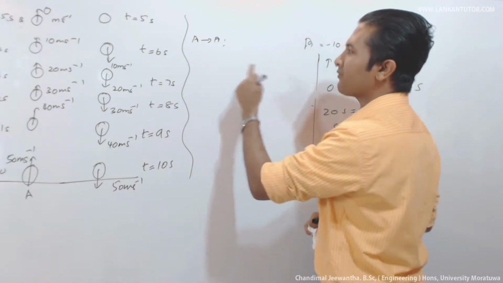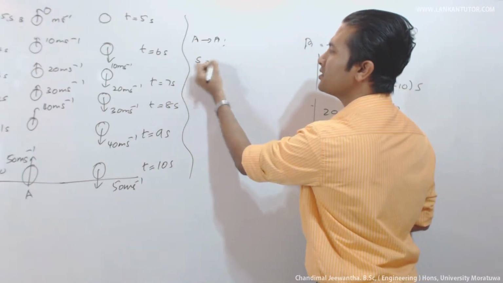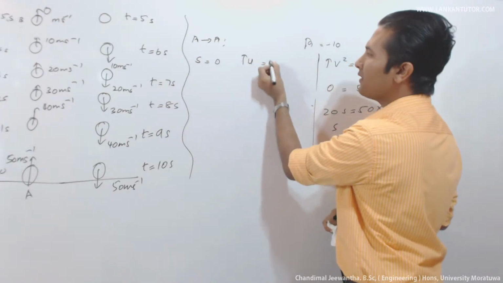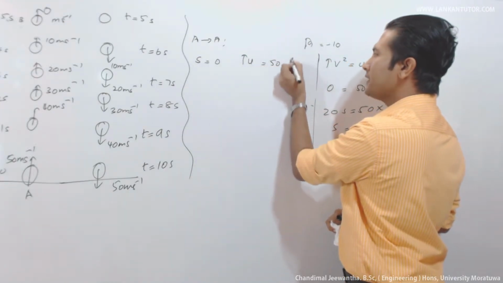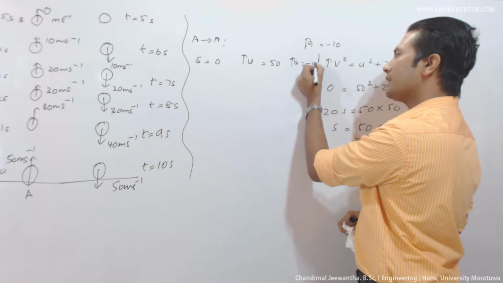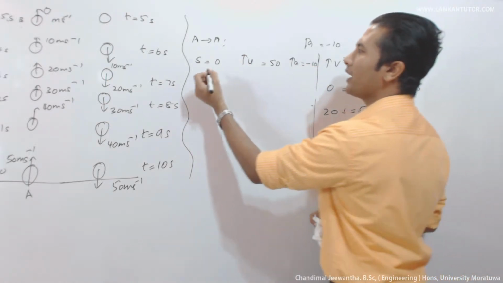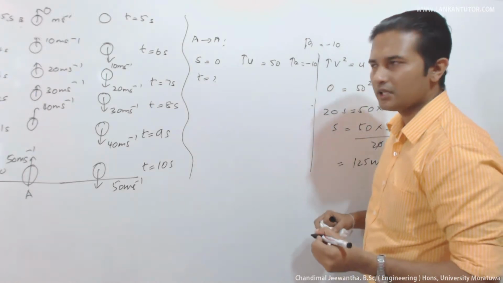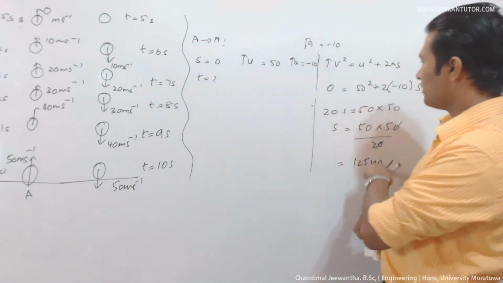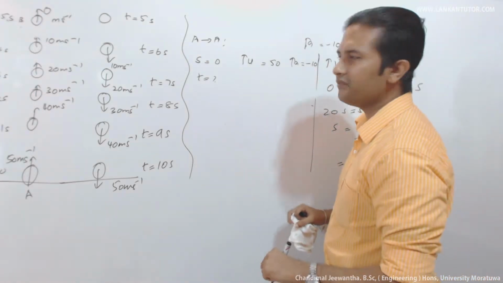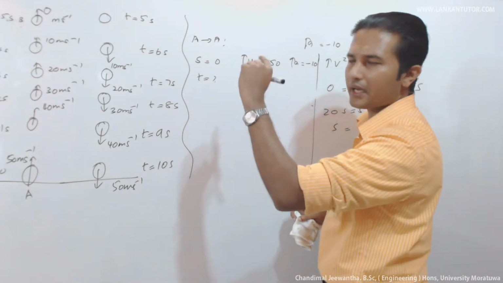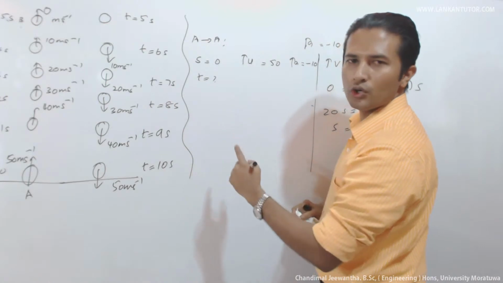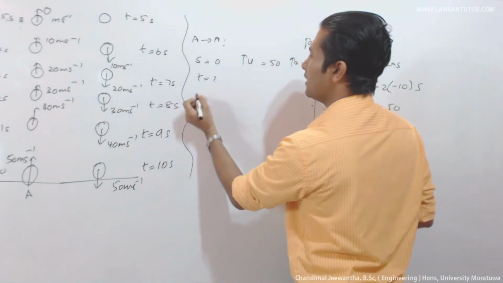When considering from A to A, the displacement should be 0, the initial velocity should be 50, and the acceleration is minus 10. Then you can find the time taken. It should be double of 5, because 5 is the time taken by the object to reach the maximum point.